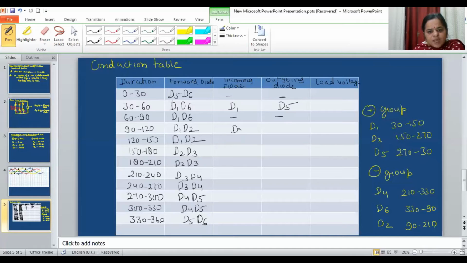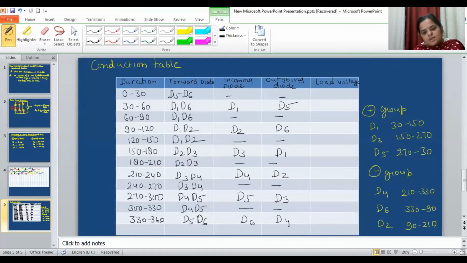Here the incoming diode is D2 and the outgoing diode is D6. Here nil. Incoming diode is D3, outgoing diode is D1. Here incoming is D4, outgoing is D2. Here nil. Incoming is D5, outgoing is D3. Here nil. Incoming is D6, outgoing is D4. So this is how we get the incoming and outgoing diodes.